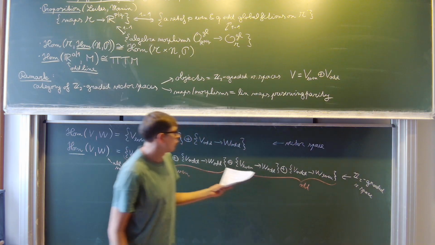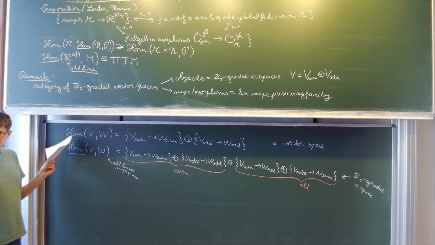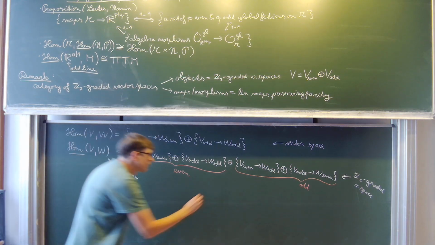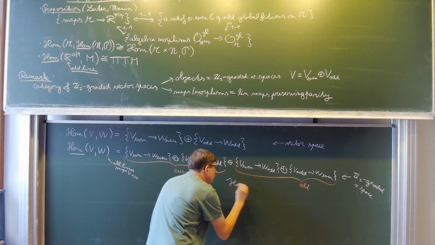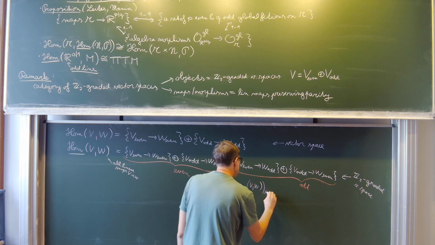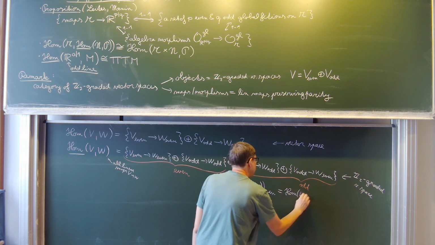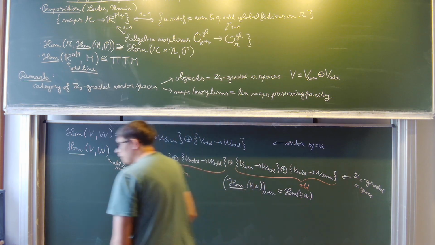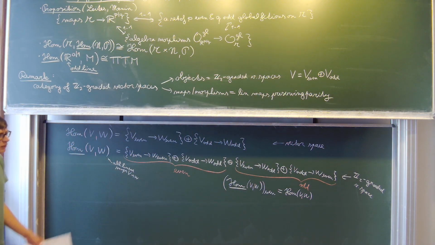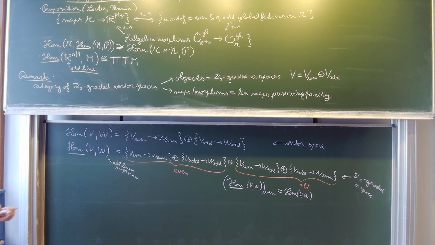It is also noteworthy that the even part of hom underline from V to W is really the ordinary hom. So these internal homs, you can see them as having some extra stuff that allows you to change some parities and things.